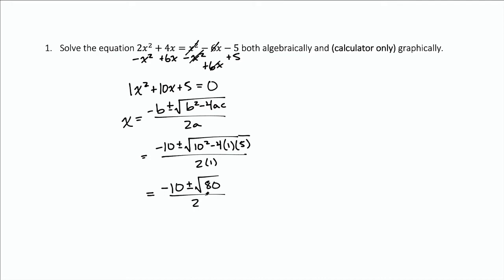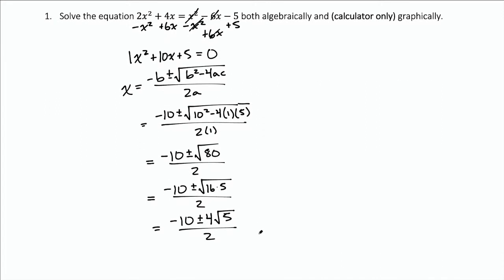We want to simplify the square root of 80 if we can, and we just want to break that up into perfect squares. 80 happens to be 16 times 5. 16 is a perfect square, so that's a nice way to break it up. Then the square root of 16 is 4, so we've got negative 10 plus or minus 4 times the square root of 5, over 2.